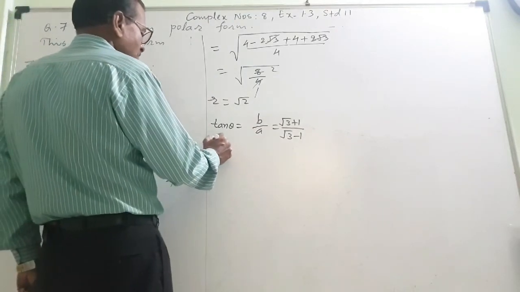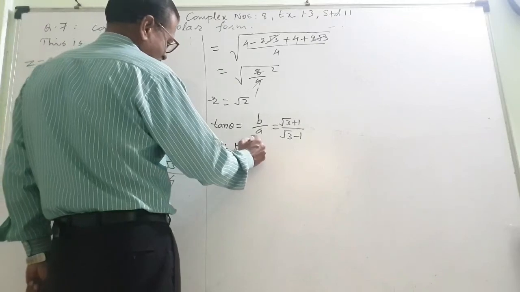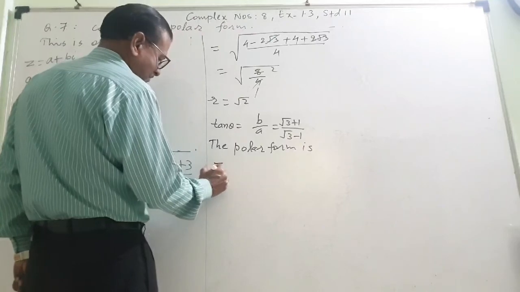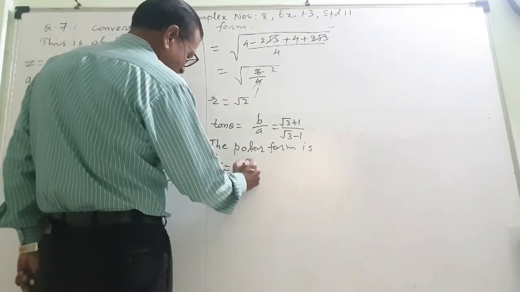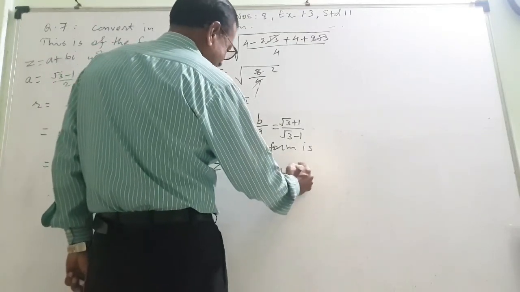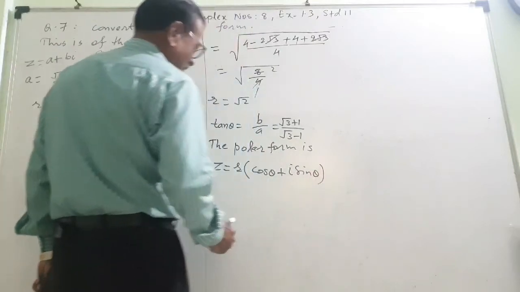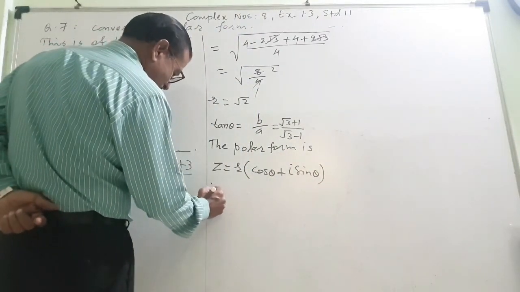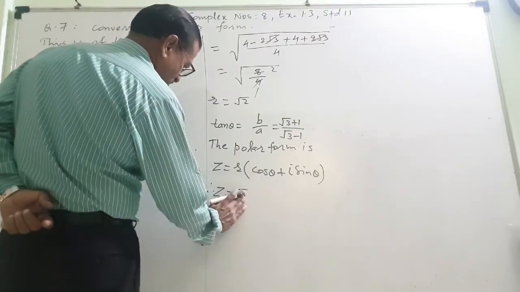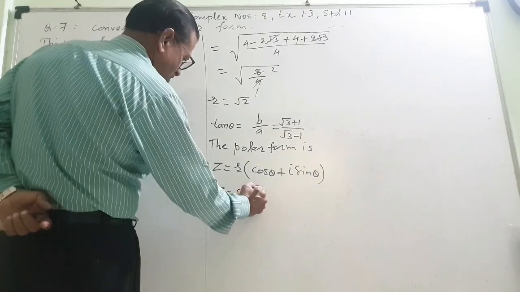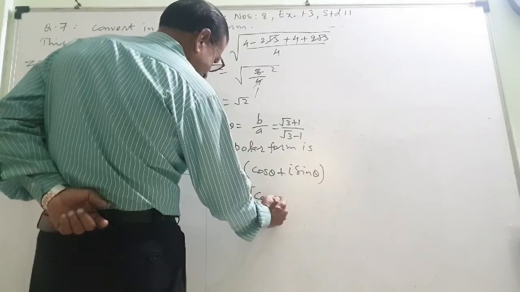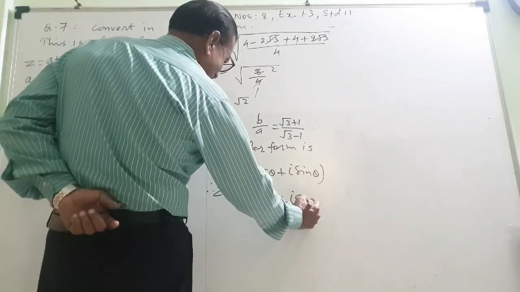Now the polar form is z is equal to r into bracket cos of theta plus i sin theta. Therefore, z equal to r is how much? Root 2 into cos of theta plus i sine of theta.